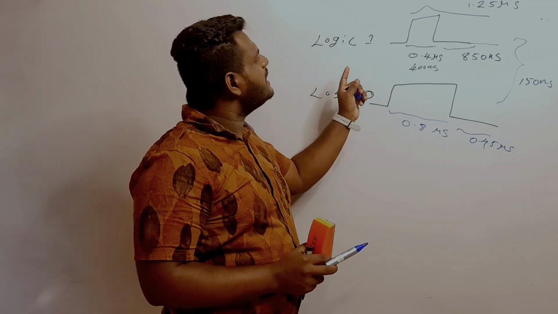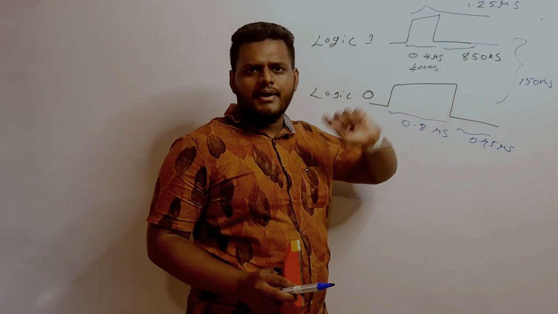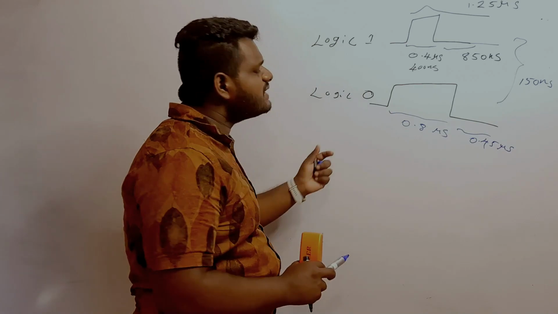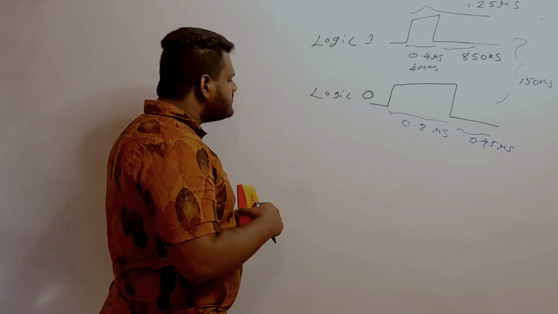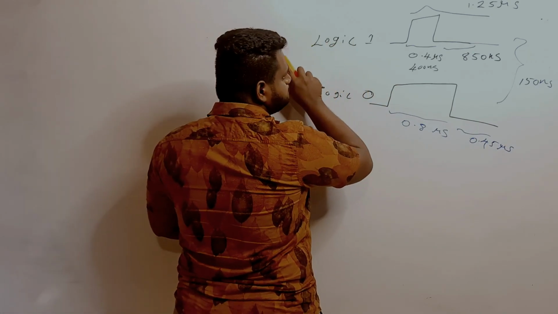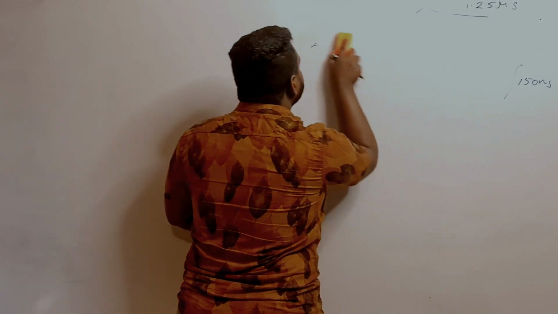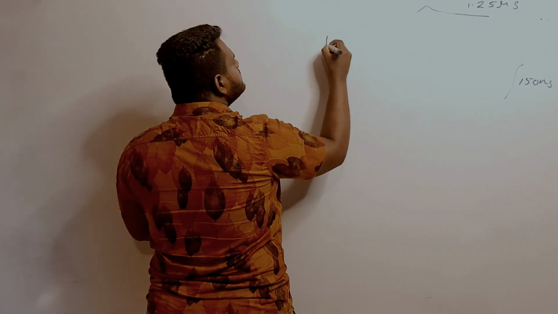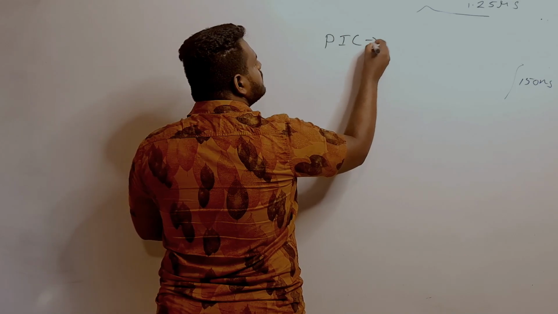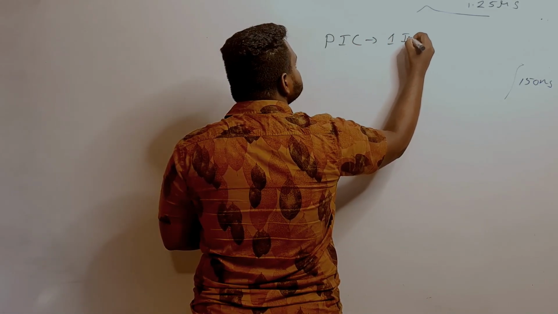So with this timing diagram, we need 125 microseconds. So that is the problem coming. With the microcontroller, if you try to make this using PIC microcontrollers, the problem is how long PIC microcontrollers take to run one instruction.